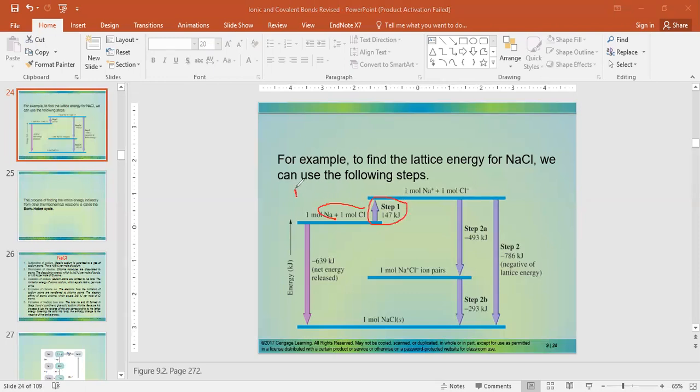Because you have sodium, which is a solid, becoming sodium gas. And then you have Cl2 being broken down into two chlorine atoms. They are still atomic. Some energy is involved in this process, and some energy is involved in this process.